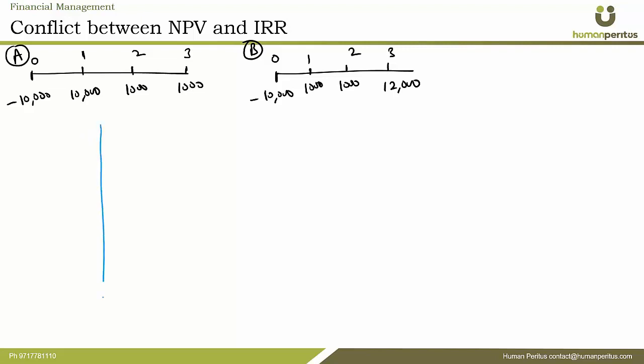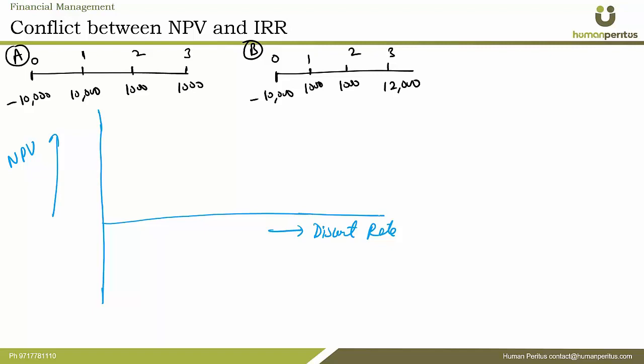Okay, so if I draw a graph, this is my NPV, and this is my discount rate. Now, project A at the discount rate of 0, what will be the value of A?